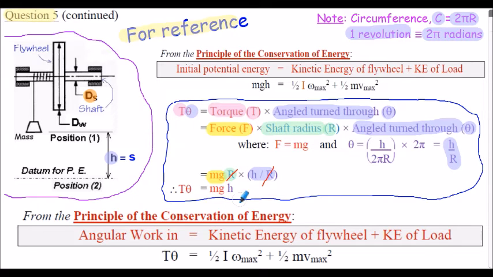So we can show that T theta, the angular work done, is equal to mgh, the potential energy. So an alternative form of the principle of conservation of energy could be angular work into the system T theta is equal to the two kinetic energies on the right hand side.